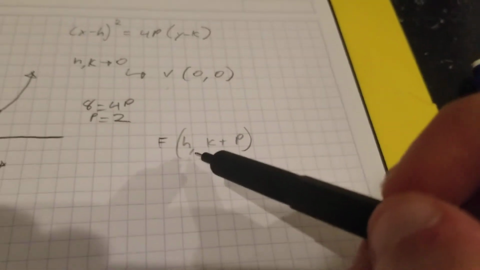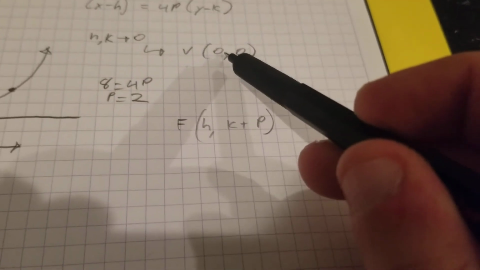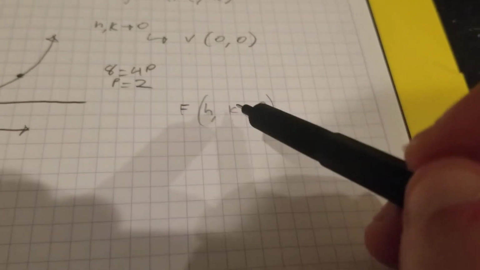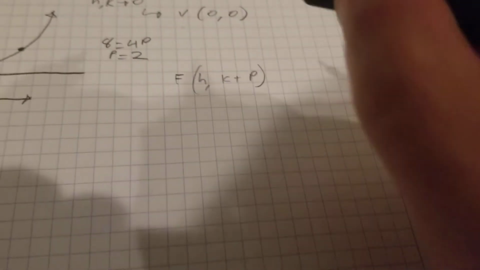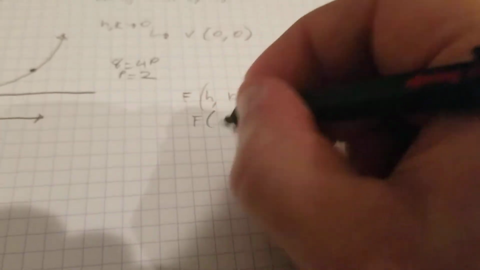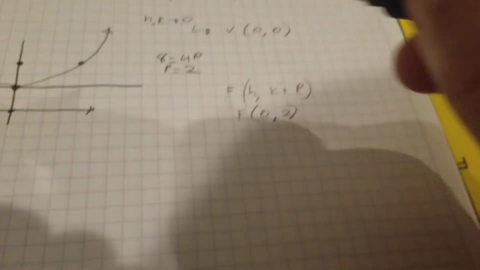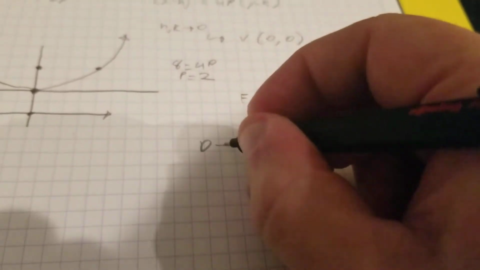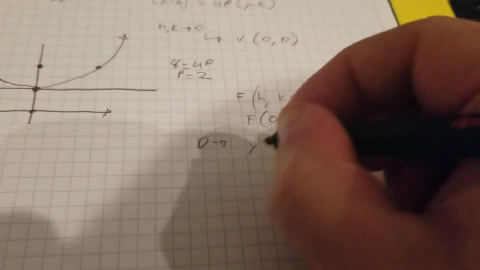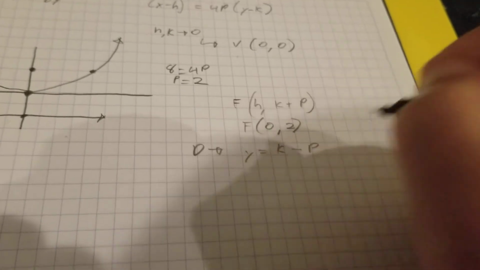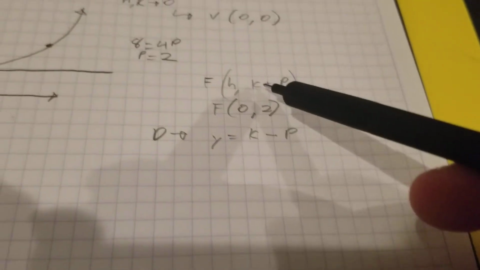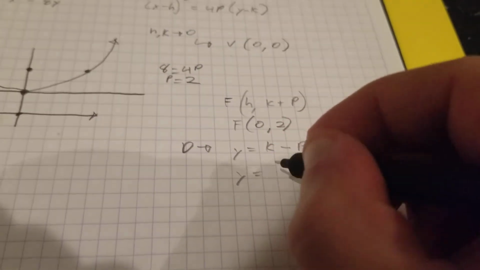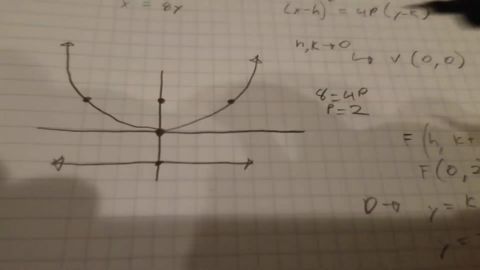And we know here that h is 0, k is 0, and if we go up p units, 2 units, then our focus is going to be 0, comma 2. And then our directrix is y equals k minus p. So from h and k, our vertex, k minus p, that's y equals negative 2. And we see that here.